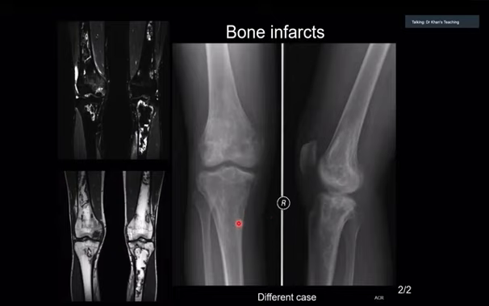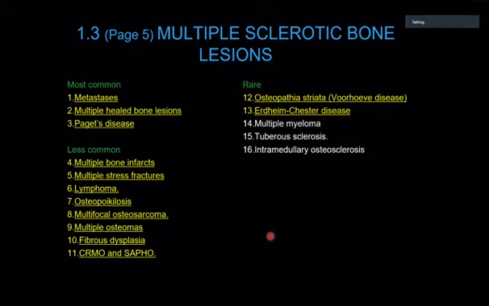If you see here, by the way, this is not the same case as this case. Look at the calcification and develop your eyes on the configuration of this calcification. You will agree that this calcification has a geographical configuration, because you have to discriminate it. And I will tell you with what. Bone infarcts are in the differential diagnosis of multiple sclerotic bone lesions.